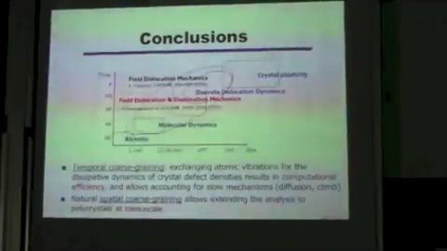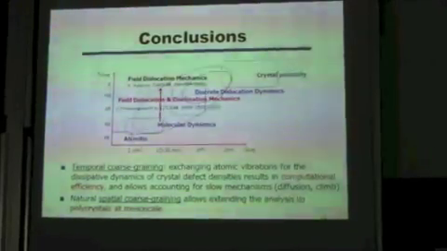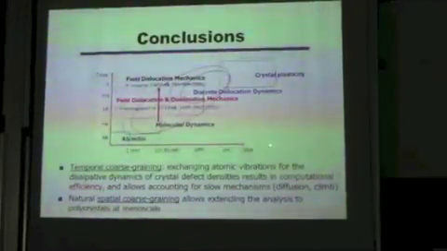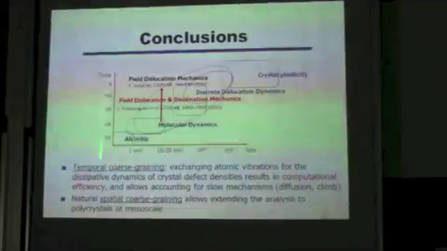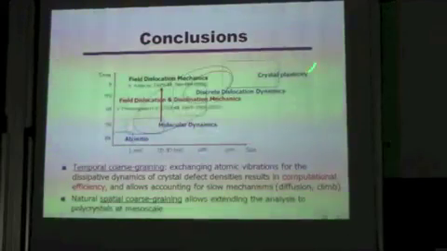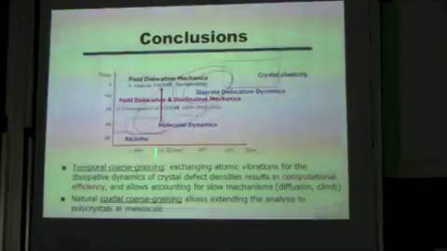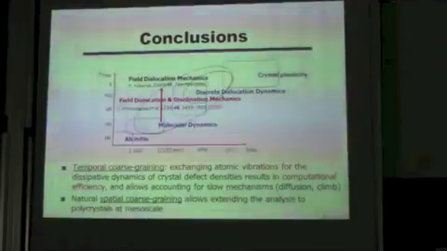Okay, so what we did here is what I've shown here. You can recognize that sketch. This is the size of the sample, the time scale of the experiment. When you do ab initio calculations, molecular dynamics, crystal plasticity, you are around here. What we do with this theory is something like that. That is, we can cover both this scale in the nanometers and also in the millimeters, let's say.